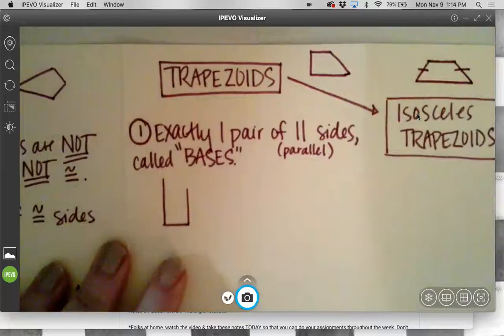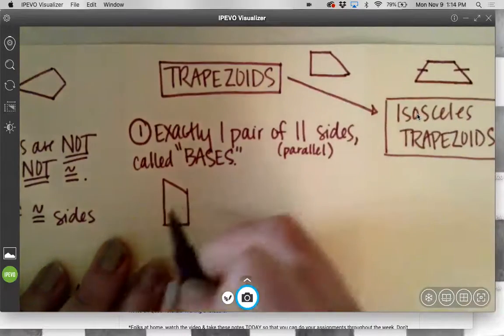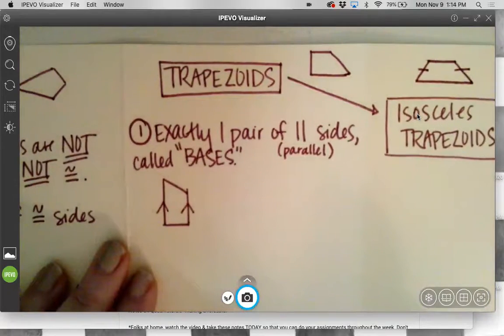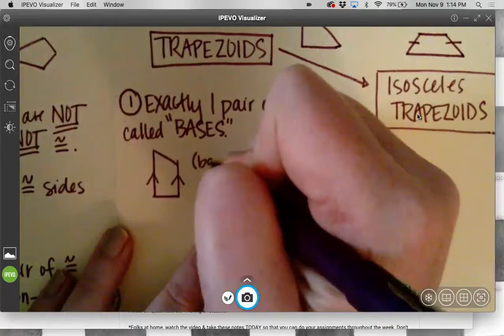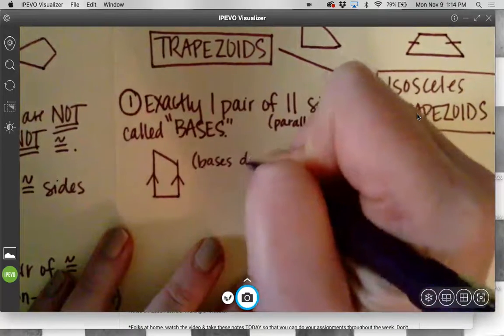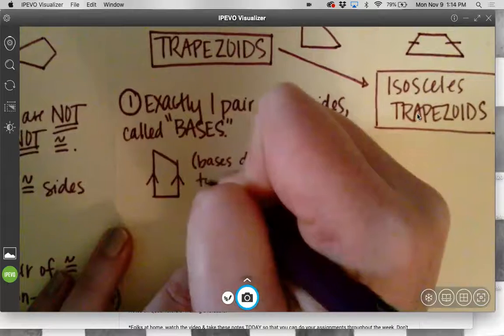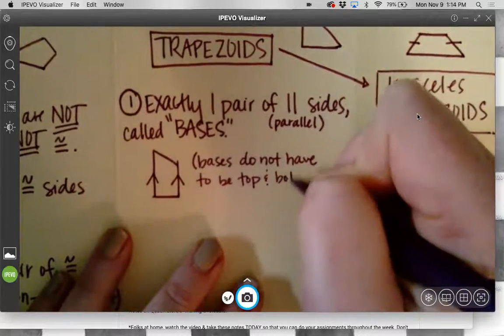Okay, so I started kind of like a rectangle with one side up higher than the other, and now I'm drawing down this way. These two sides are going to be parallel, so those are our bases. And then I'm going to put out here, bases do not have to be top and bottom.